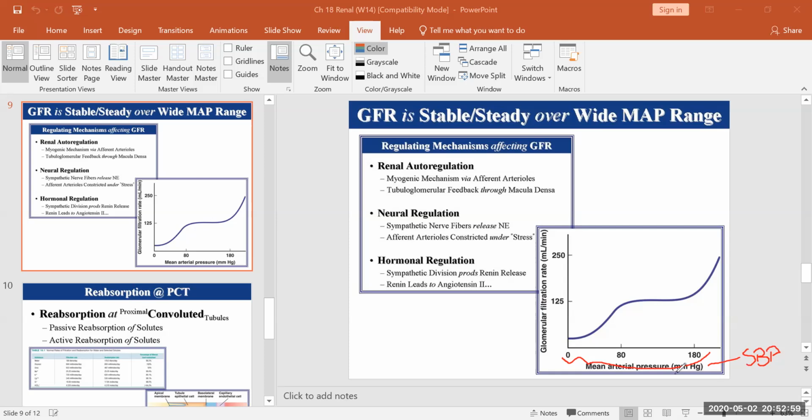So mean arterial pressure, we learned that from the previous unit. I hope you remember this. MAP draws blood from point A to point B within your systemic vascular bed. Okay, I did say systemic, right? So systemic versus local vascular bed, meaning systemic means freeway 5, freeway 99.